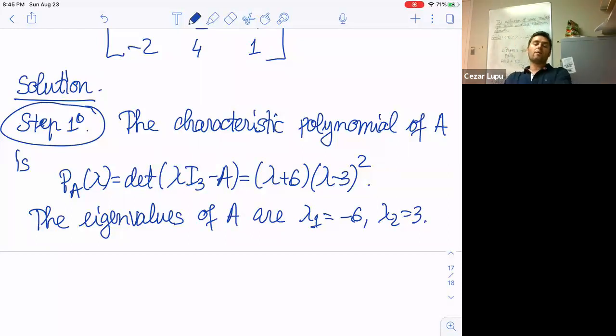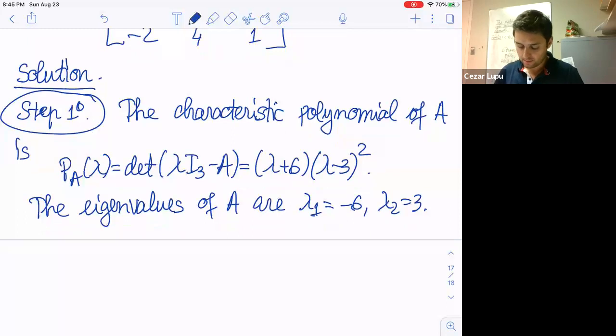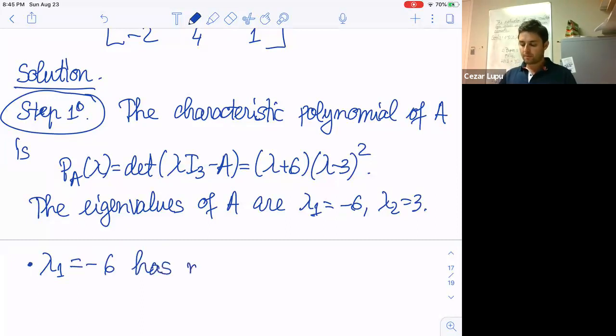The thing is that one of them will have multiplicity 2, that is, lambda equals 3 will have multiplicity 2, and the multiplicity of the first eigenvalue, which is -6, will be 1. So let's point out: lambda 1 equals -6 has multiplicity 1.